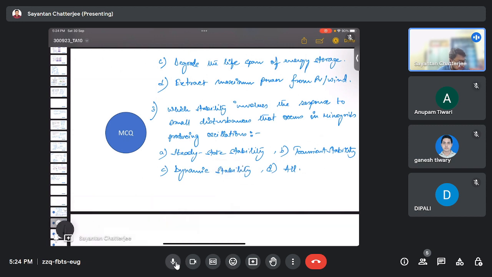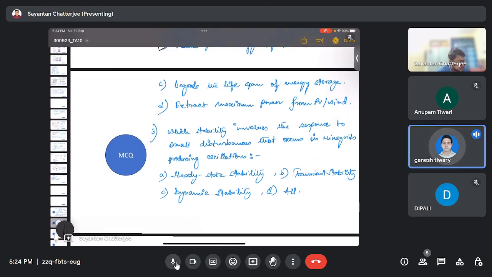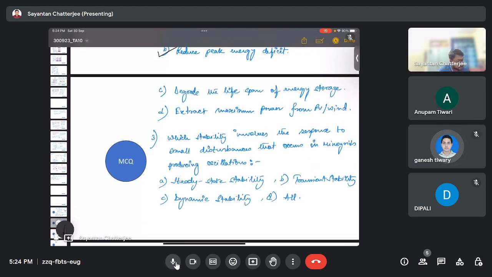So A is steady state stability, B is transient stability, C is dynamic stability. A, sir. I think it is transient. Small disturbance is transient only or dynamic. Either transient or dynamic, but only one answer is correct.